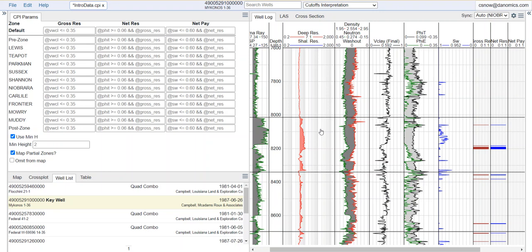However, also as a petrophysicist, it is our job to help determine if an interval can be economically produced.